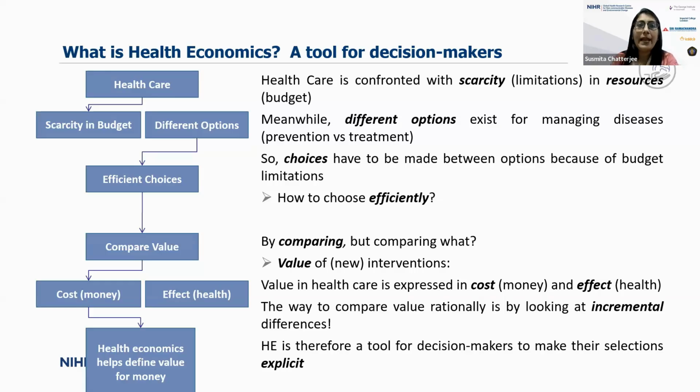And that's where health economics helps you. Health economic theory, economic evaluation particularly in this case, helps you choose one intervention over the other based on its cost and its value, its cost and its effect, which is the benefit.